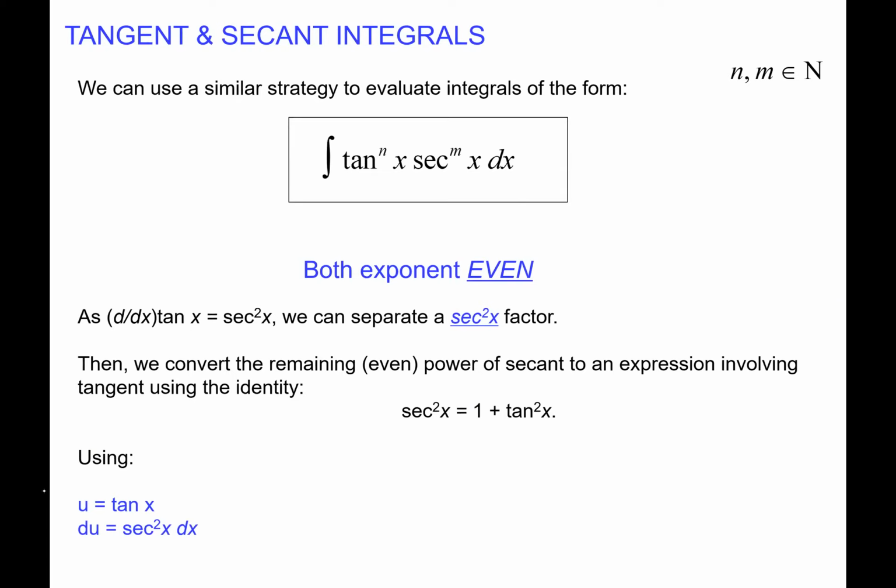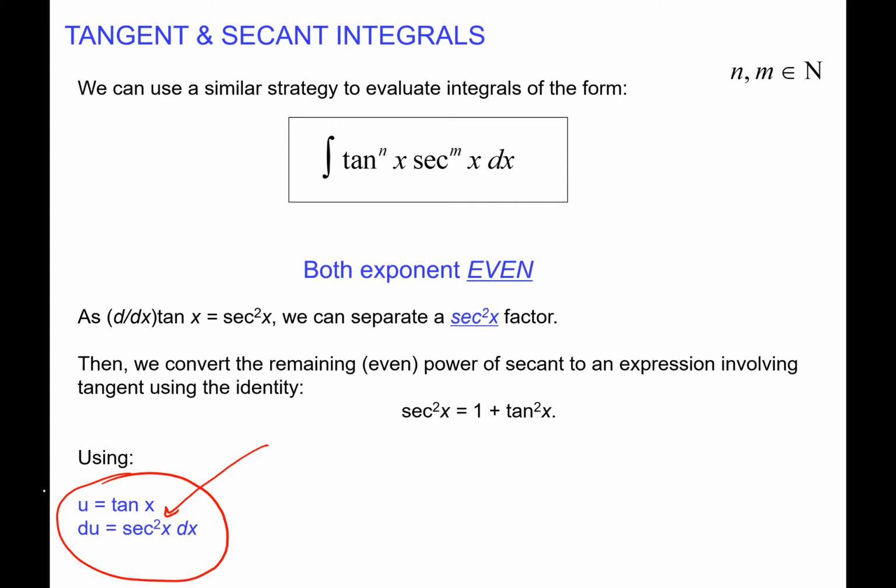Since for this one they are not exactly derivatives of each other, like secant of x and tangent of x, we have some extra, like some square involved. That means we will just consider two cases.